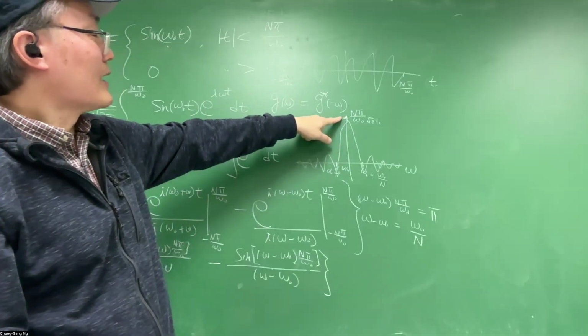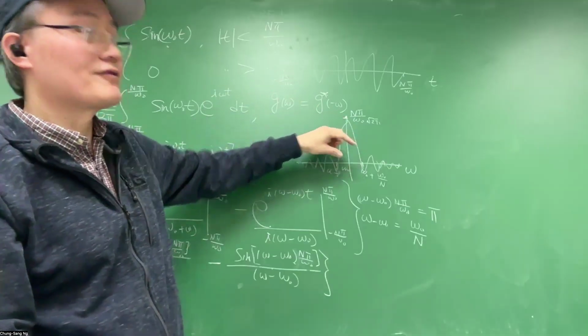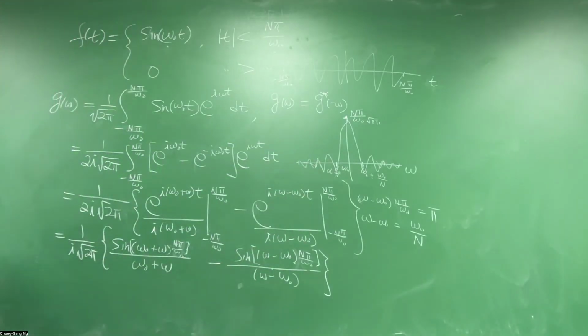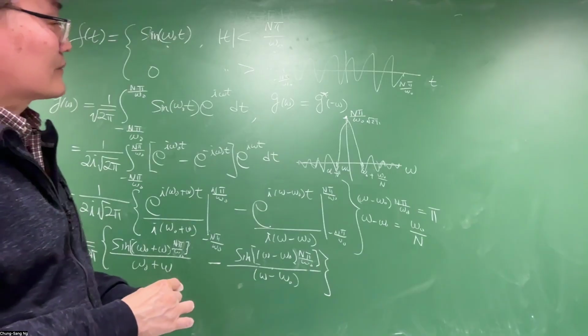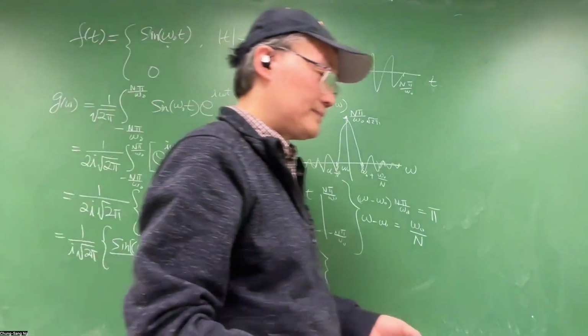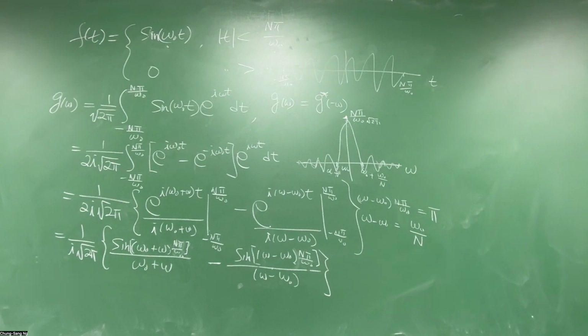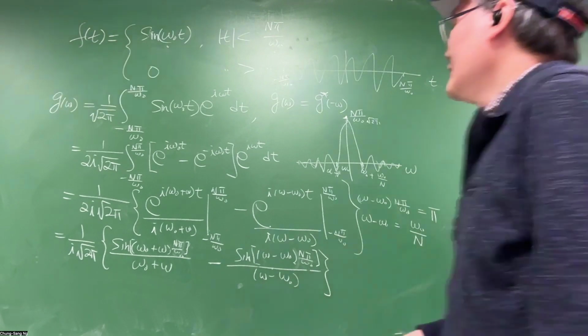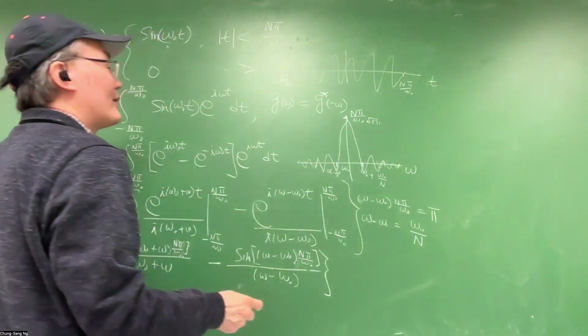The peak is tall, but the width is very narrow. And that's the general property, and we call it the so-called uncertainty principle. That's the inverse formulas, and you can look up the inverse.